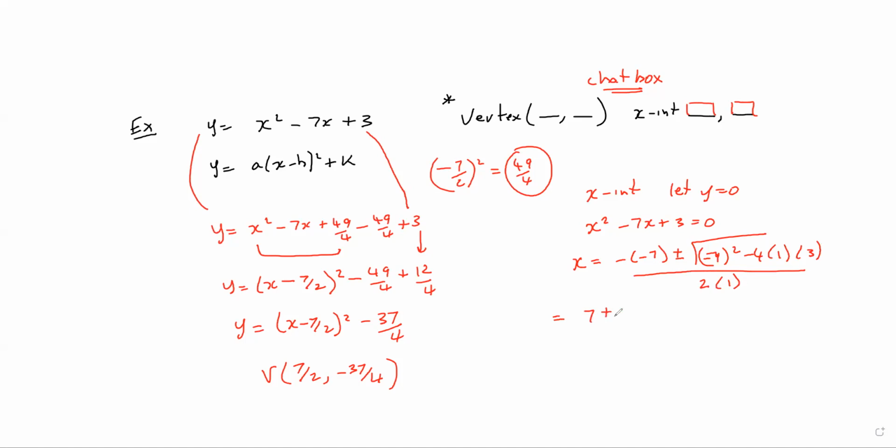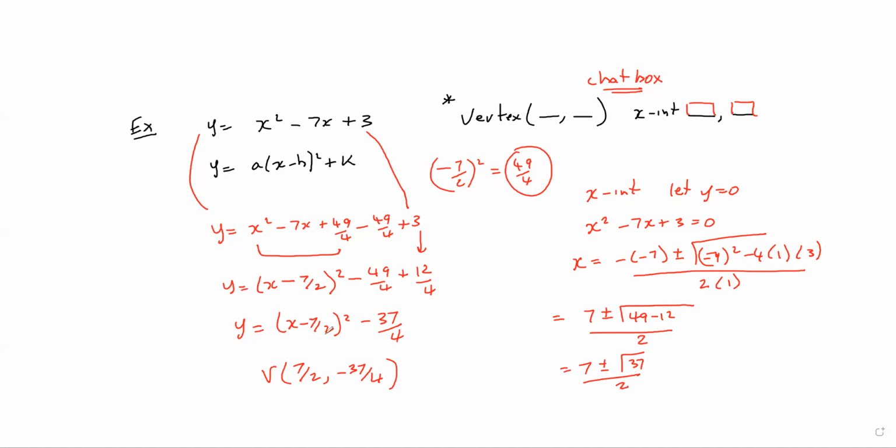So 7 plus or minus 49 minus 12 on 2. So 7 plus or minus root 37 on 2.